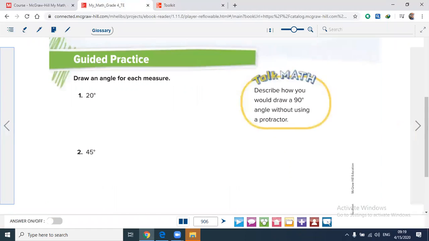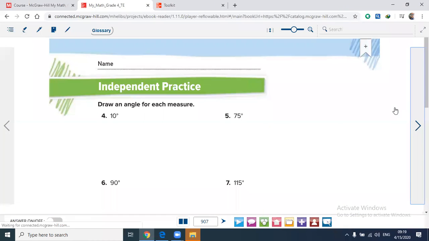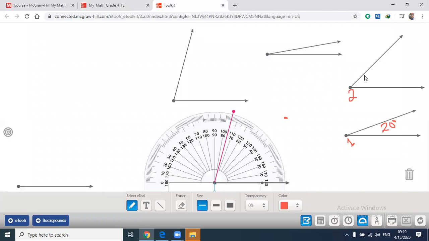Yes, 45. Number 2 is 45 degrees. This is number 4, 10 degrees. This is number 5 with 75 degrees.